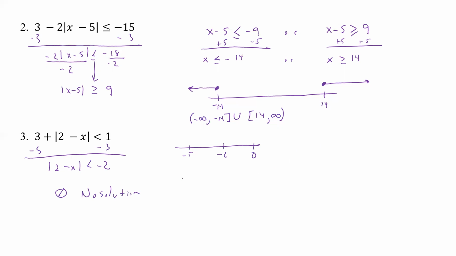Okay, now what if we didn't notice that? Well, let's see what happens then. That's a less than, and so with less than, we are going to get negative 2 less than 2 minus x, which is less than 2. Oops, where did I get a 4 from? I don't know.